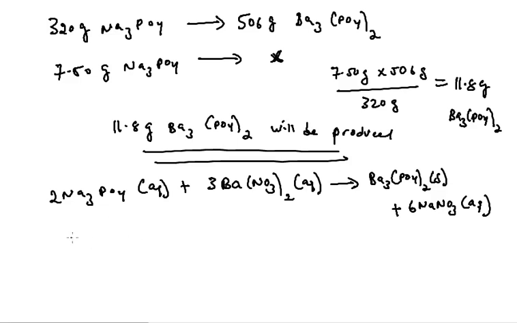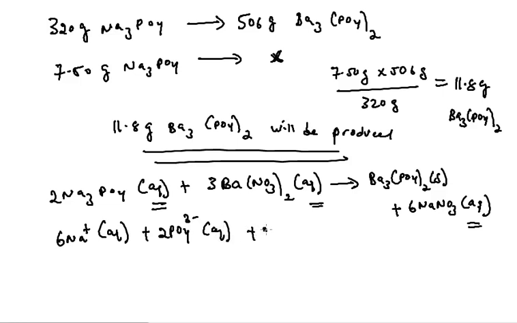In this case, we can rewrite this equation in the form of an ionic equation. Whenever you see aqueous, they can be dissociated into ions. So you will have 6 moles of sodium ion, 2 moles of phosphate ions, 3 moles of barium ions, 6 moles of nitrate ions, and on the product side you will have barium phosphate.